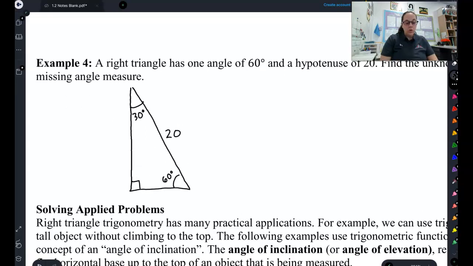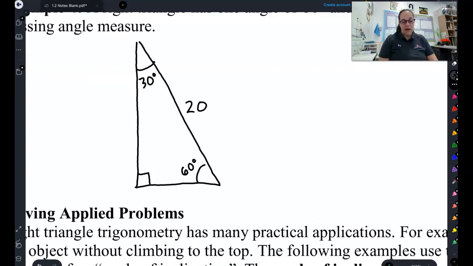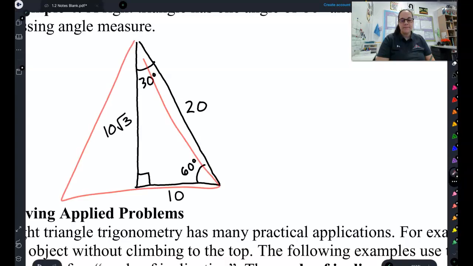So I want you to use your 30, 60, 90 patterns this time. Pause the video. If we know the hypotenuse is 20, what will the other two sides be? Pause the video, try that out, and then come back to check your work. First one I like to think of is imagine your 60, 60, 60.